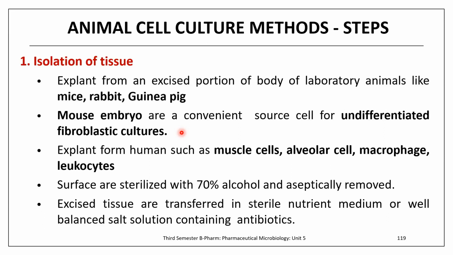And also we can use muscle cell or alveolar cell or macrophage, leukocyte cells. All these cells can be used as primary cells for animal cell culture, and it has to be stabilized with 70% alcohol, and it has to be removed aseptically without contamination of any kind of microorganism.